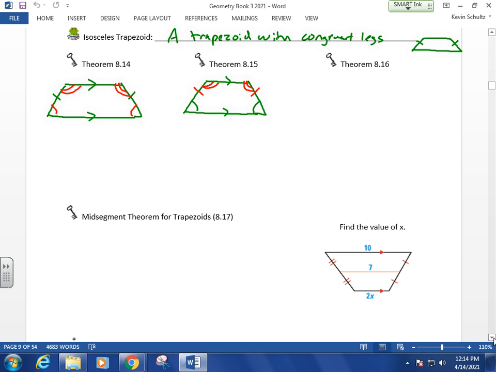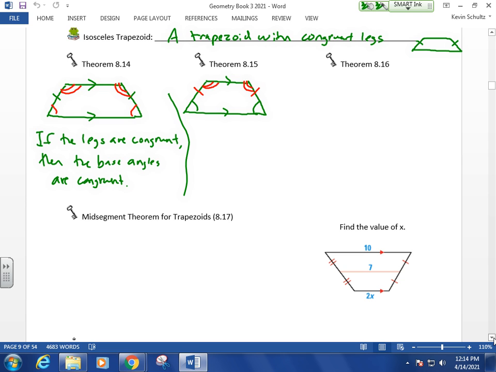So if the pictures suffice for you, great. If you want to do it in words, if the legs are congruent, then base angles are congruent. Next one, kind of the converse of that.